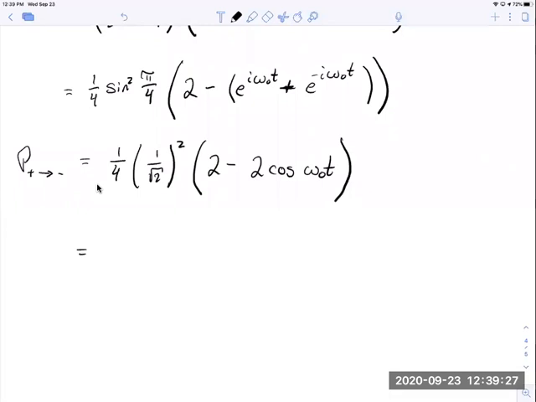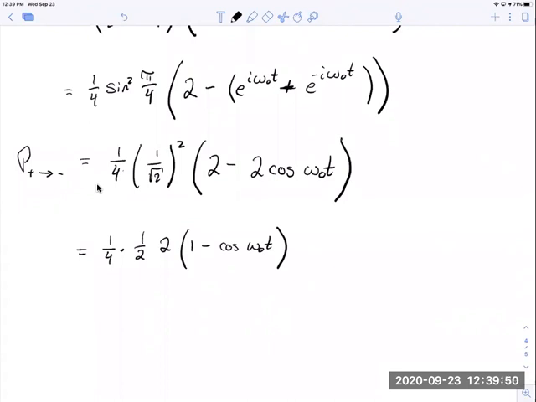So this means that I will start with 1/4 times 1/2 after I square it. I'm going to bring out the other 2 and I get 1 minus the cosine of omega naught t here. I say, okay, that's lovely.